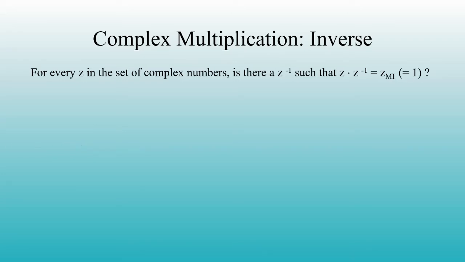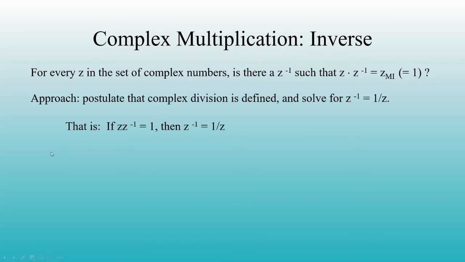It's not obvious to the uninitiated what you have to multiply the quantity a plus ib by in order to get 1. The default way to approach problems like this is to assume that the multiplicative inverse of z is the reciprocal of z, like it is in real numbers, z over z equals 1 and all that. If we get consistency later on rather than divide by 0 chaos, then we're on solid ground.